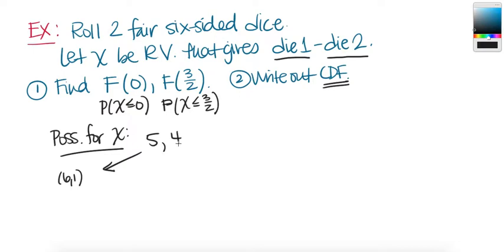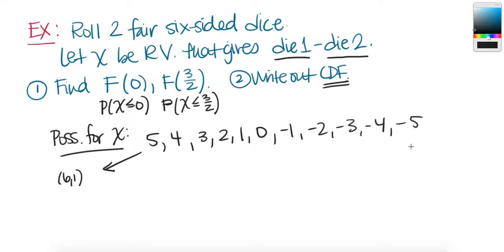We can also get a difference of 4, 3, 2, 1, 0, or -1, -2, -3, -4, or -5. The one in the middle, 0, is when they're all the same, like 1,1, 2,2, all the way down to 6,6. And -5 is when we have 1 minus 6. We can fill in the other ones.